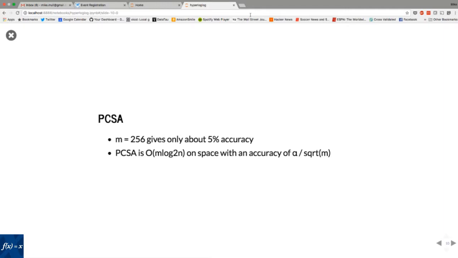With 256 substreams, they were getting about 5% accuracy on the estimate of the cardinality. And the memory space used was basically the number of streams times the base 2 log of the cardinality. So quite a bit better than linear, but not quite where the later algorithms get you.